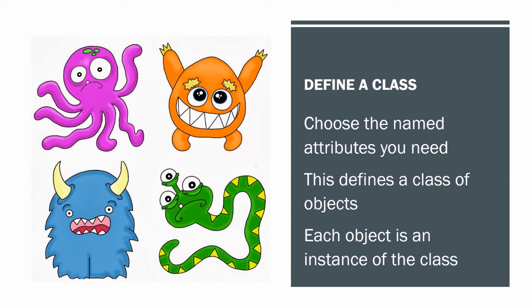And those customers are not just wildly different from each other. They've all got certain predictable characteristics like an address and a bank balance, and so on. So in object-oriented programming, we don't just think about what the attributes of our objects are, but we group those objects into classes, and that greatly simplifies our task when we're writing our programs.